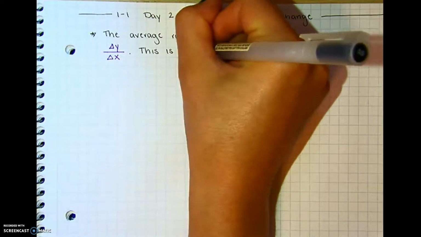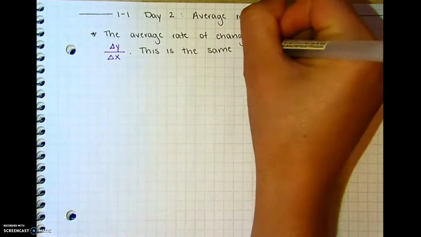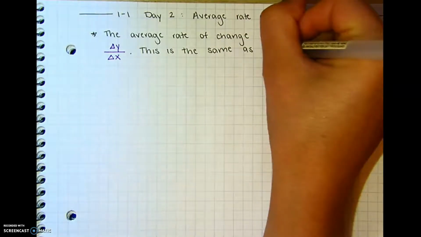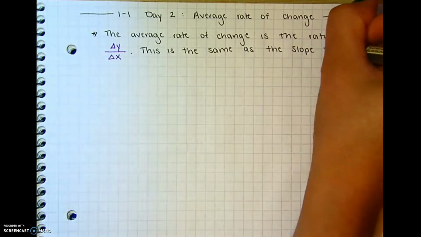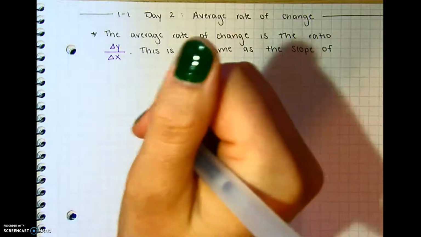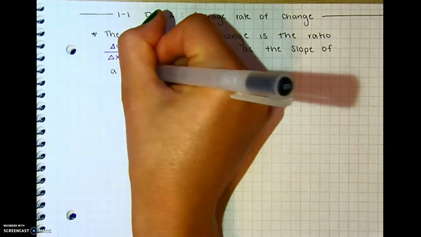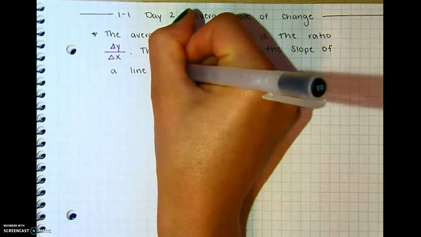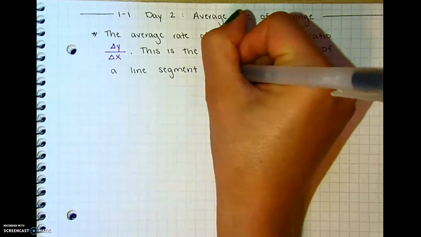This is the same as the slope of a line segment between 2 points.